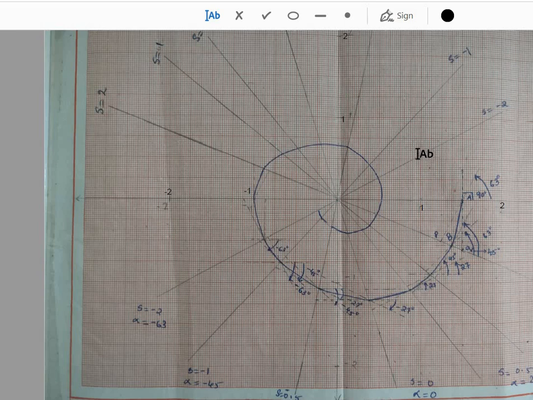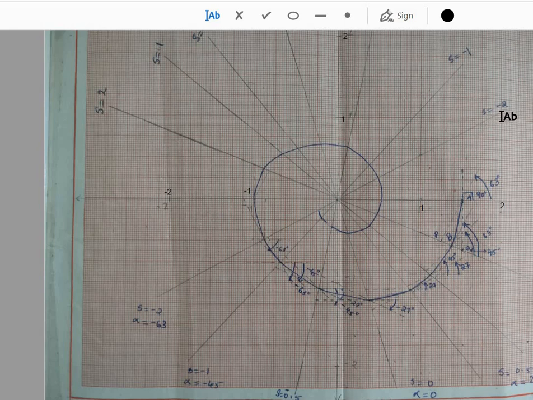Now, when x1 is equal to 2, x2 is 1.2, that is approximately here. So by joining these 2 points, draw a straight line. That is the isoplane for slope s is equal to minus 2.